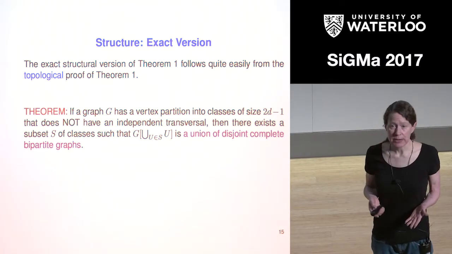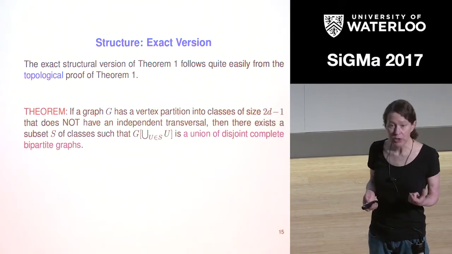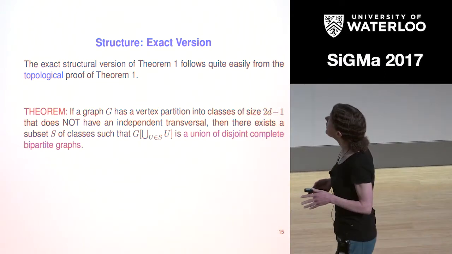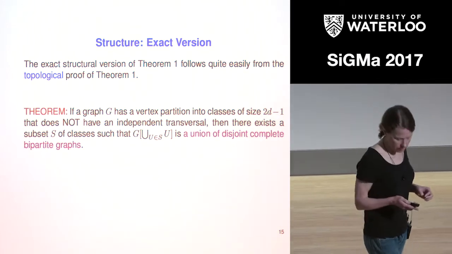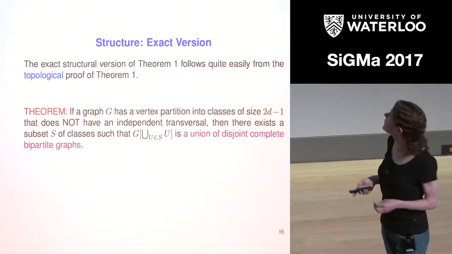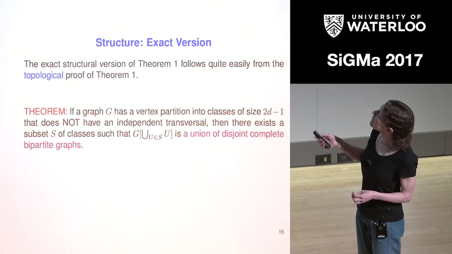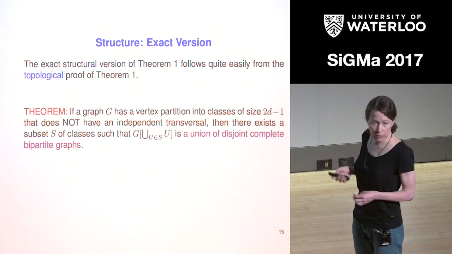The first question to ask there is: if the classes have size 2D minus 1, exactly one less than is required, then do we know that the graph is definitely a union of disjoint complete bipartite graphs? And the answer to that question is yes. If you look at the topological proof of theorem 1, then that does follow.